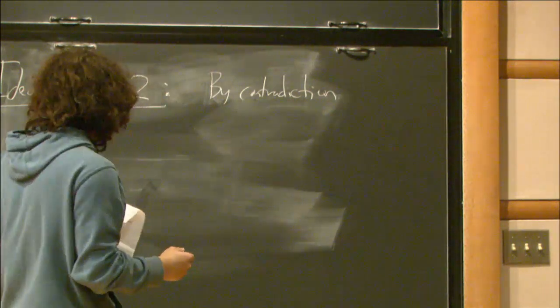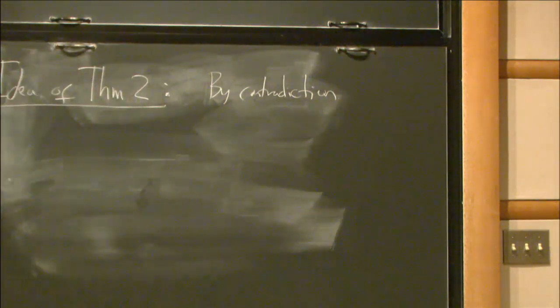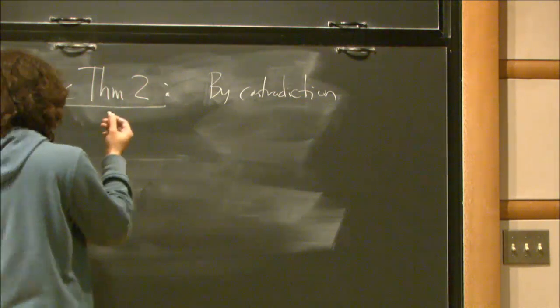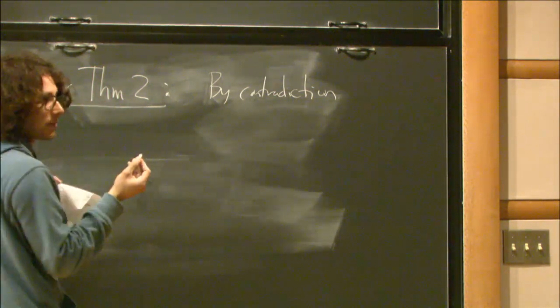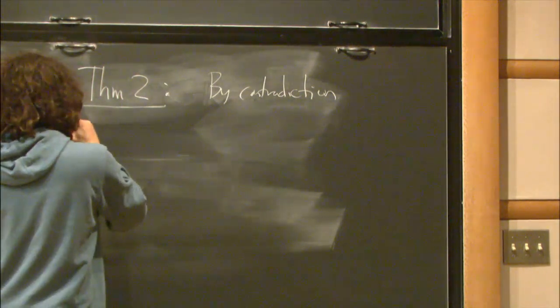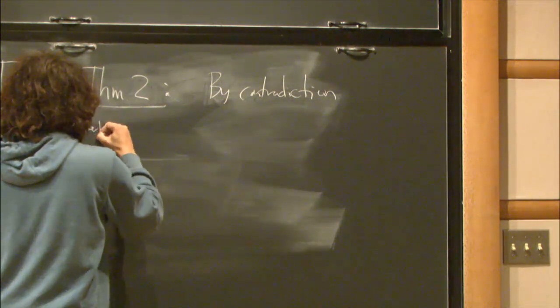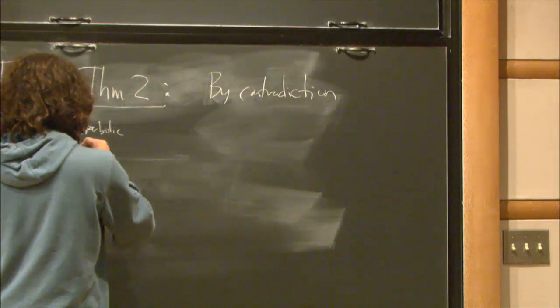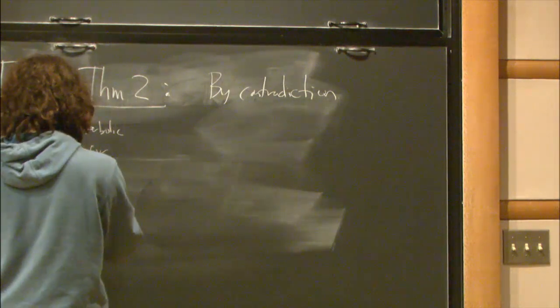Okay. So if such growth didn't exist, then I'll just write there is some hyperbolic behavior. I'll explain if I have time what this is, some hyperbolic behavior for the G action.